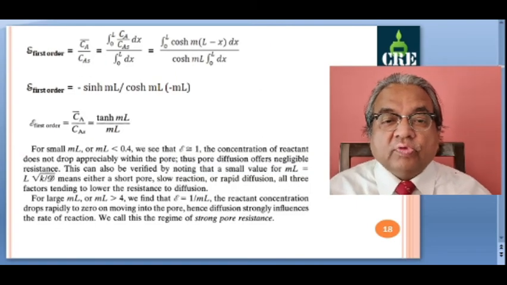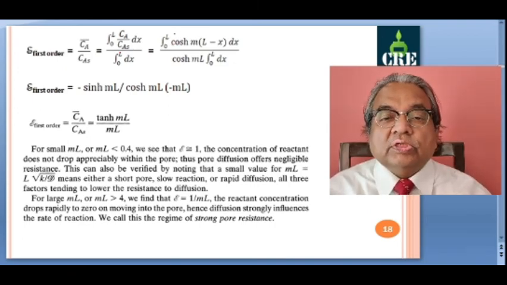If I average it over the length, Ca by Cas dx averaged over 0 to L, divided by dx from 0 to L. So 0 to L cos hyperbolic m into (L minus x) dx, this divided by cos hyperbolic mL, which is constant, which we can write in the denominator, and 0 to L dx.